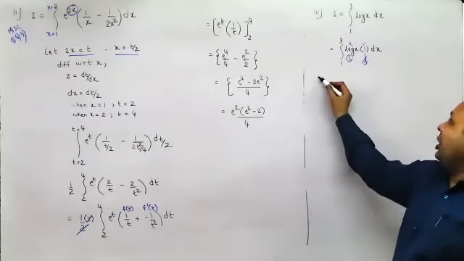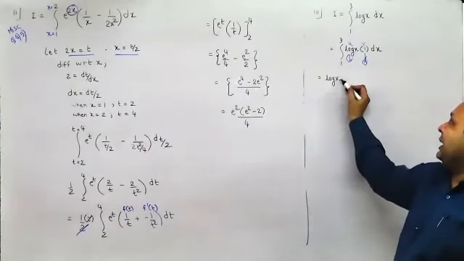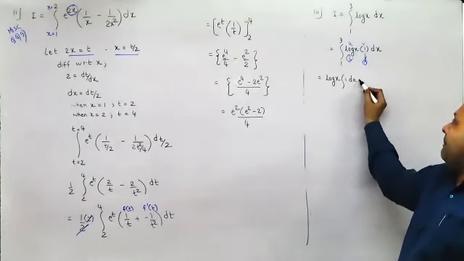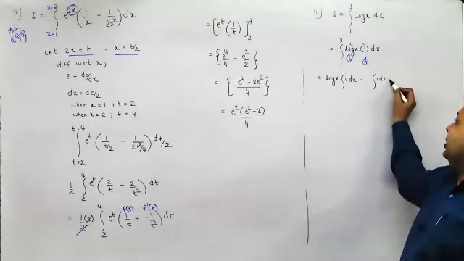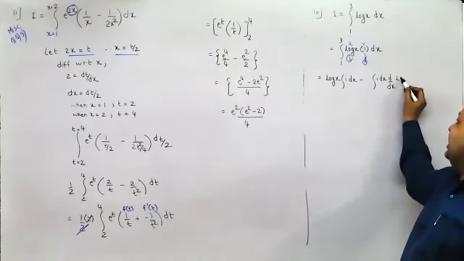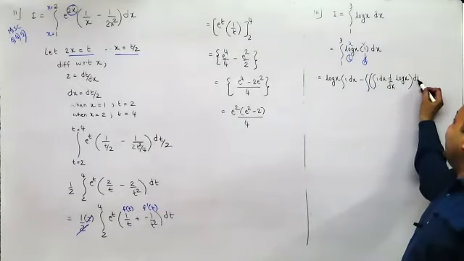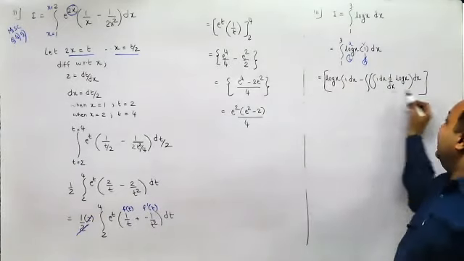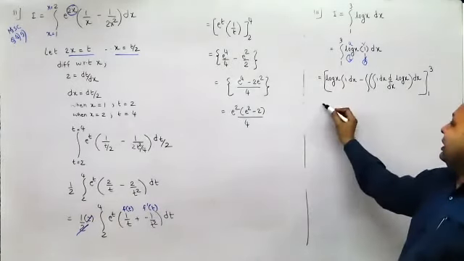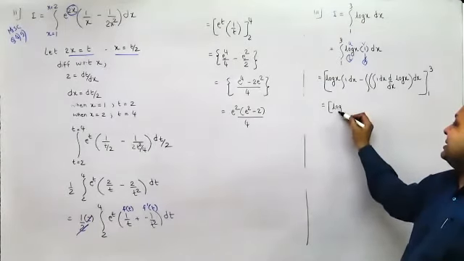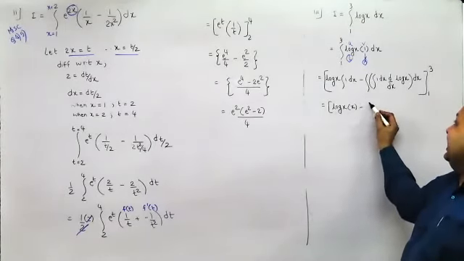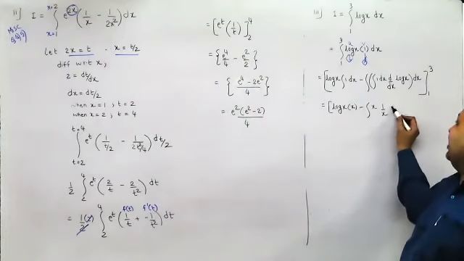Now, log x, integration of 1, minus integration of 1 into derivative of log x, and then the product has to be integrated once again with respect to x between 1 and 3. Log x, integration of 1 is x, minus integration of x into derivative of log x, which is 1 upon x.